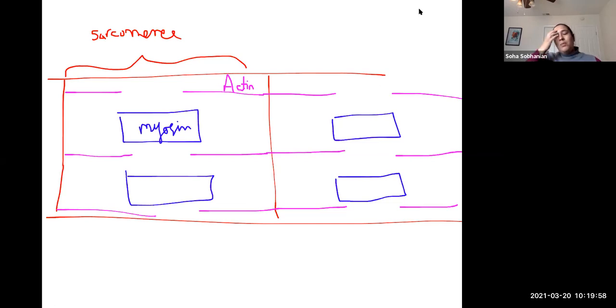So don't think my whole muscle contracts and nothing is changing inside. The change happens at the microscopic level, which becomes visible at the macroscopic level of the whole muscle. Does that answer your question, Brenda?